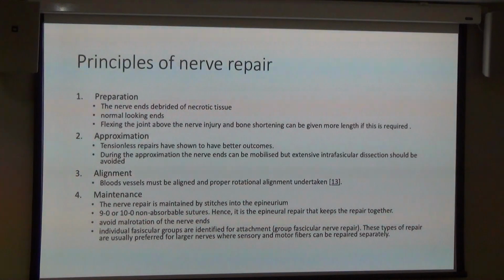So you've got to make sure, with the hand in a physiological position, that the two ends come together. Just like any soft tissue closure, you can dissect the nerve out from some of its fibrous attachments to give it some ability to come back together. But if you're finding that the sutures are tensioning it, then you need to think really carefully about whether you should be doing a graft.